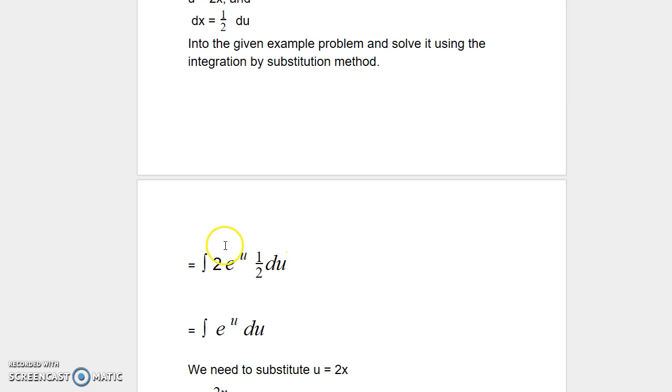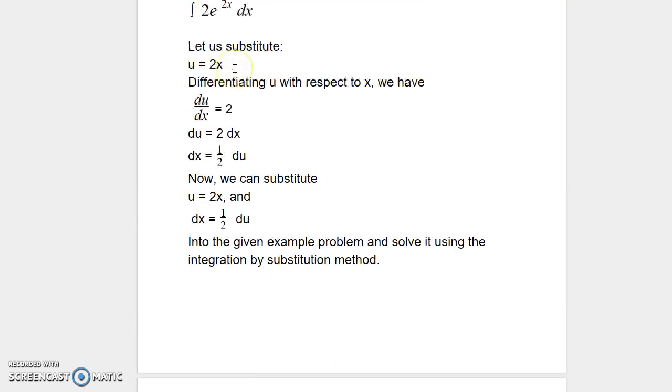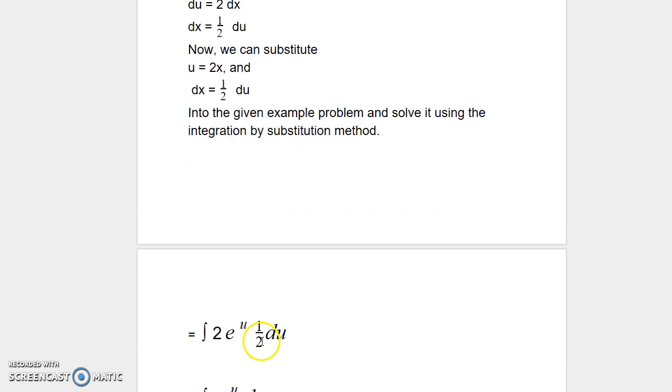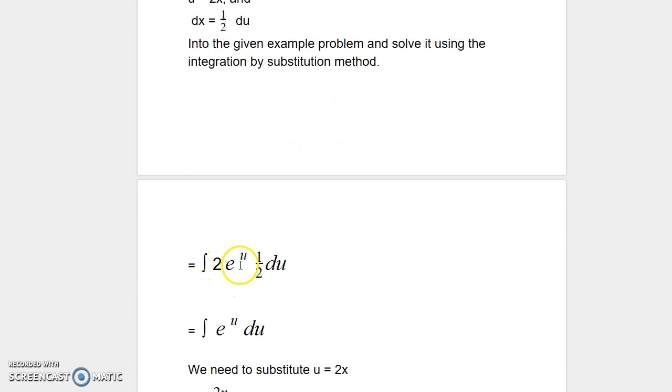Our given problem is integral 2 e to the power of 2x dx. Instead of 2x, we have replaced it by u, and instead of dx, we write 1 over 2 du. Integral 2 e to the power of u, 1 over 2 du.